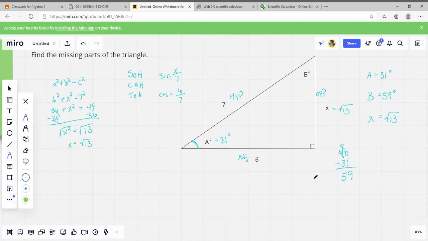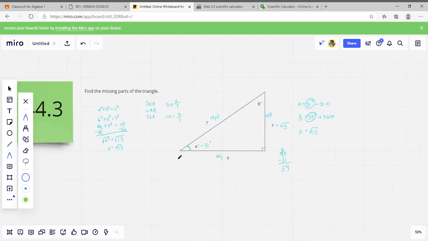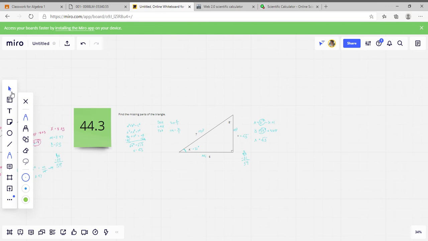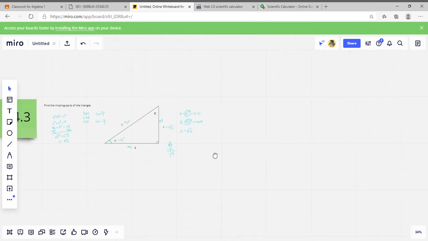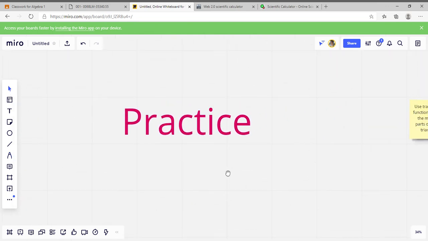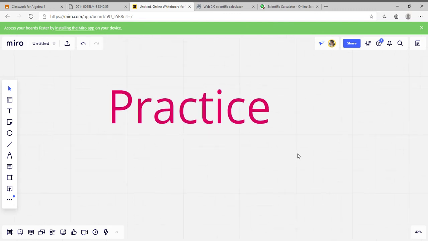They've got 31.01 and they've got 58.99 in the book. But if you came up with these answers, I would be happy with that. That's perfectly fine with me. All right, so that's how you use trig functions to find missing parts when you have missing angles. All right, so pause the video and work the practice problems, and then I'll work them for you.